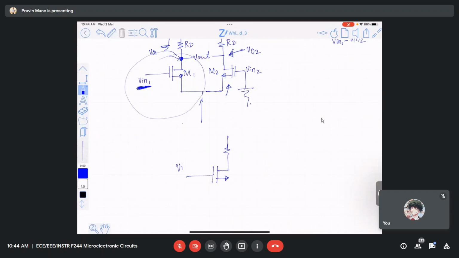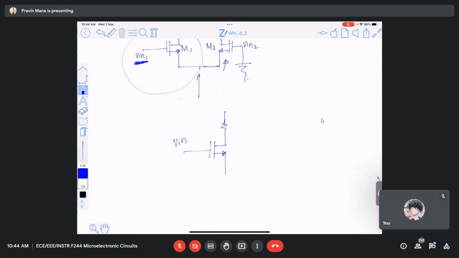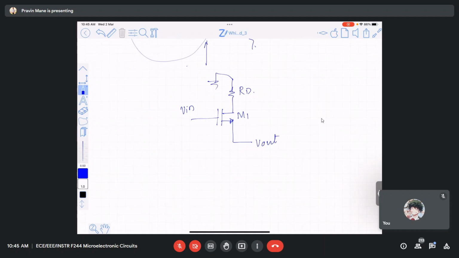This is Vin1 and this is Vout, the Thevenin equivalent output voltage at this point. This is connected to ground. This is RD. Which configuration is this? Common drain, source follower, right? Somebody will say that the gain is directly equal to 1.